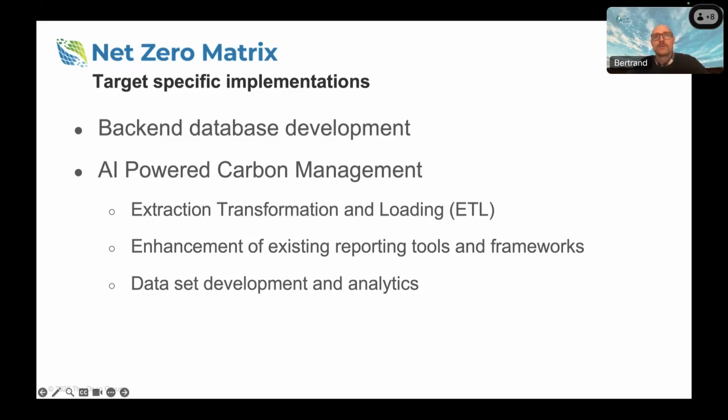Then, modularizing multi-agent workflows to enhance existing reporting tools and frameworks, and also develop various data sets and analytics. And I'll look at some specific use cases that we're currently building, both for our internal purposes, but also to contribute back to the forum and some of our cross-industry or cross-forum engagements.